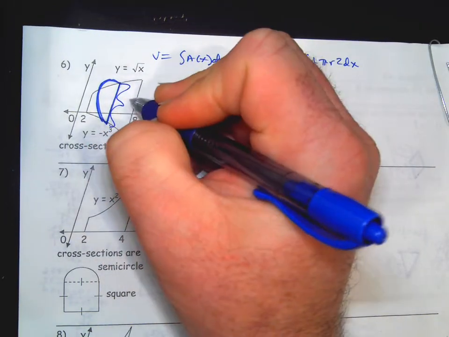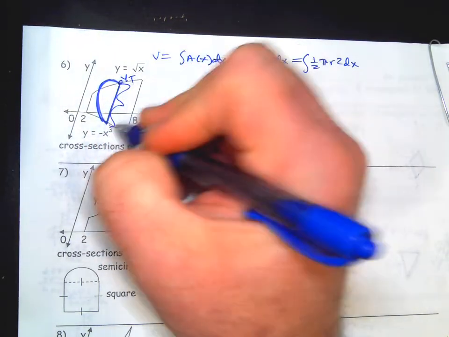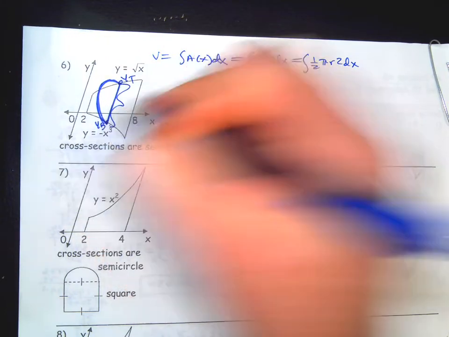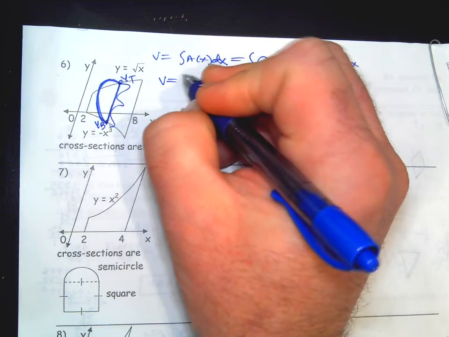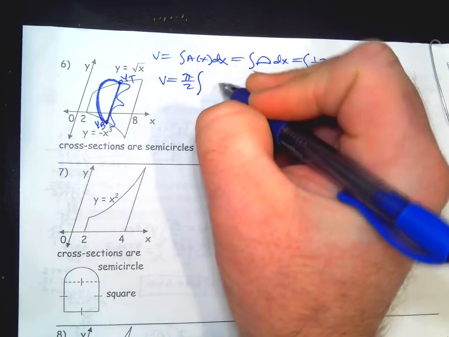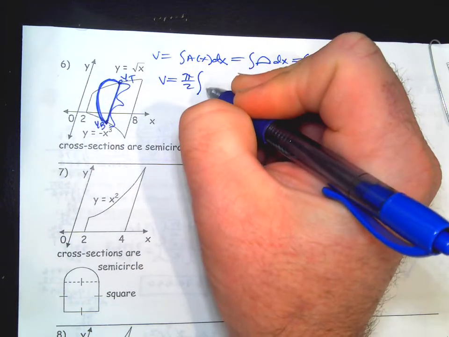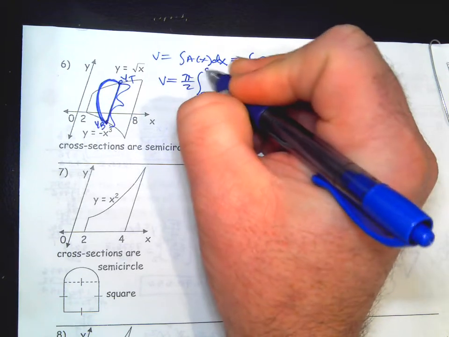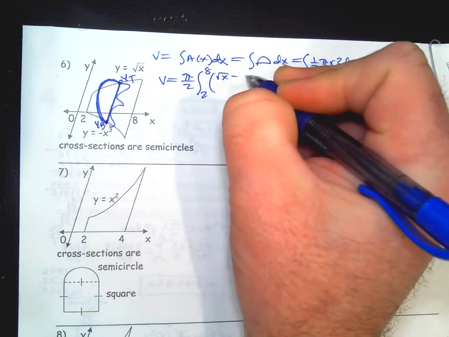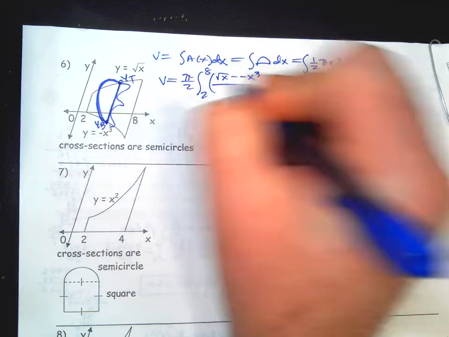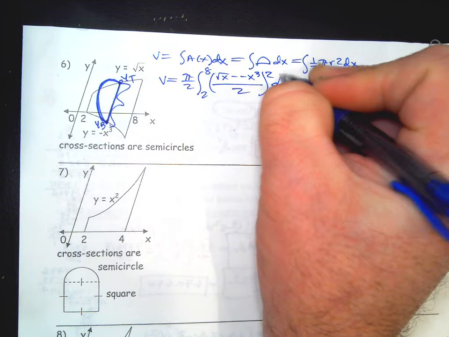So this is going to be y top minus y bottom. So move the pi. Now that's the diameter. We're going 2 to 8. So the diameter is y top, which is square root of x. Y bottom is negative x cubed divided by 2 squared.